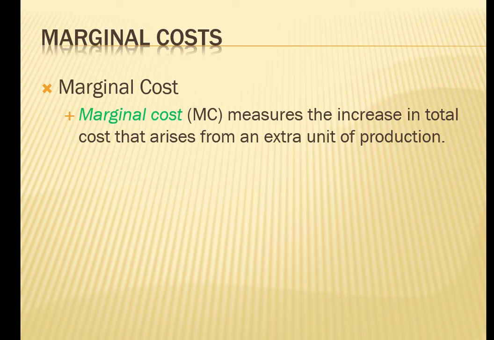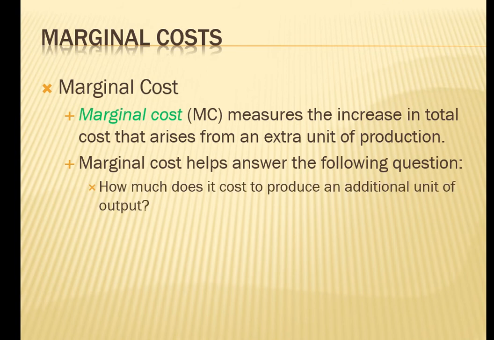So then you will ask yourself, is it worth it to spend an additional $1,000 to produce 100 sweatshirts? That $1,000 is actually the additional cost, the marginal cost to produce another 100 sweatshirts. So sometimes you ask that question: how much does it cost to produce an additional unit of output?